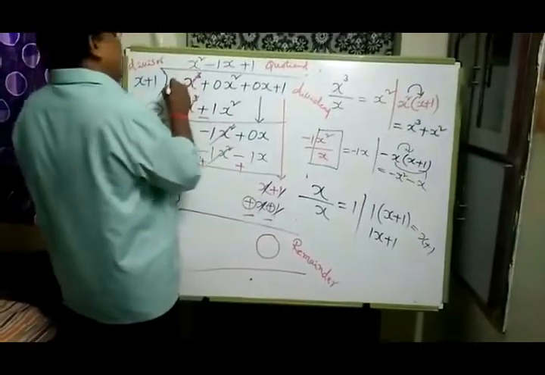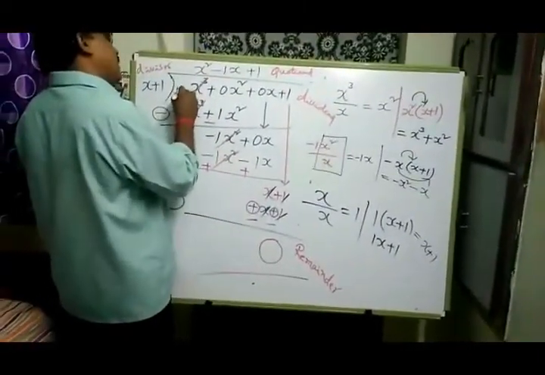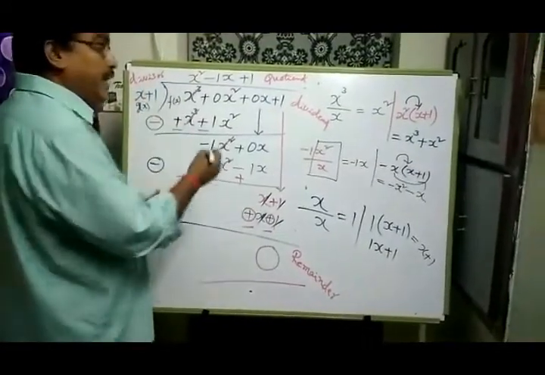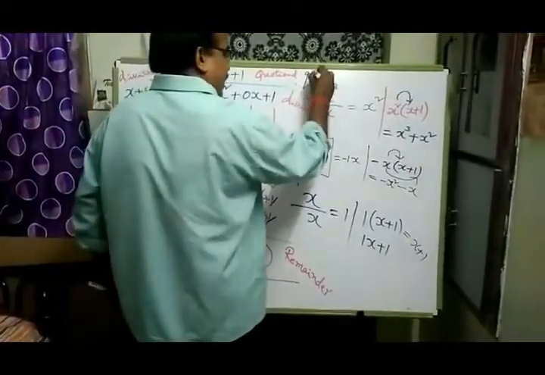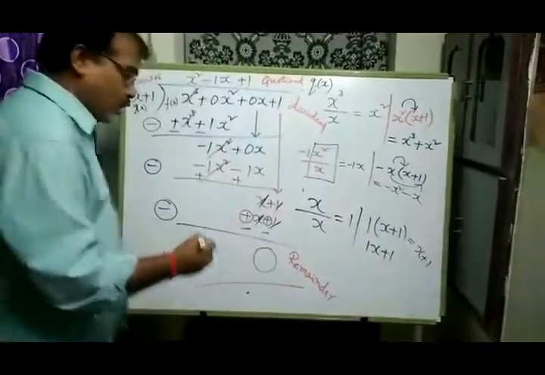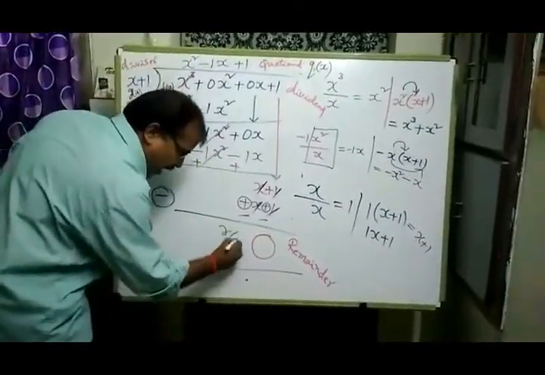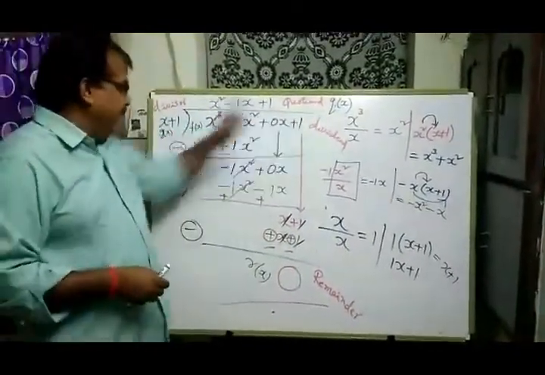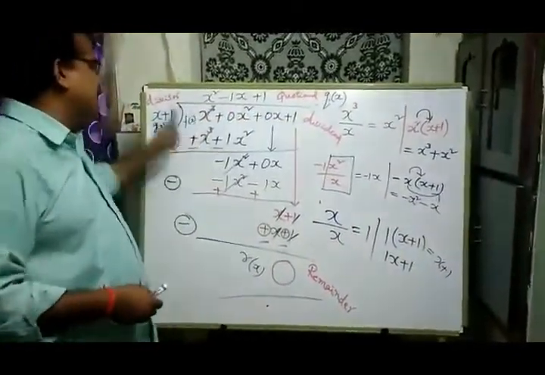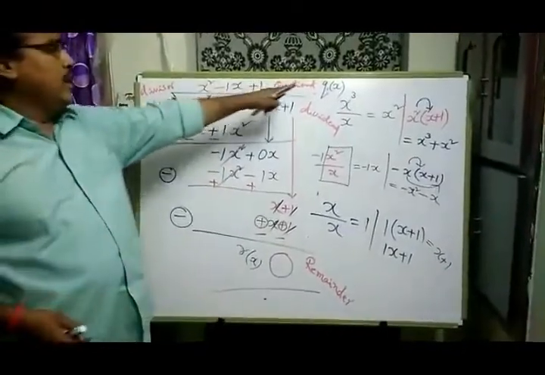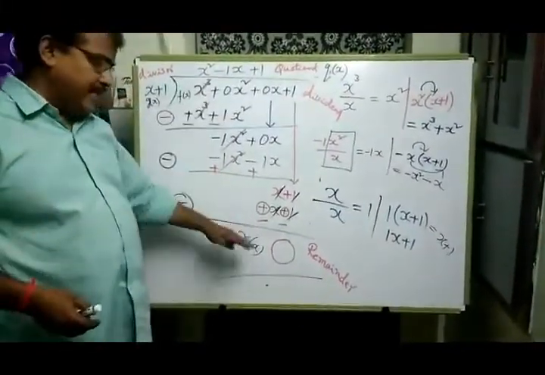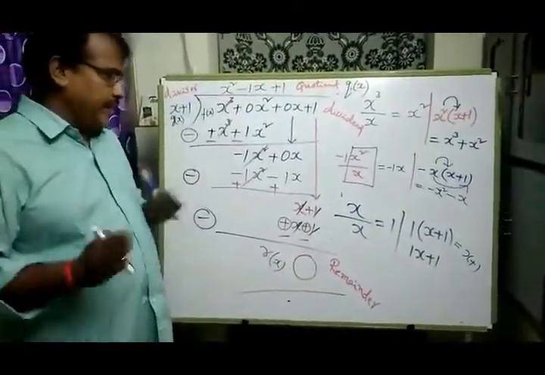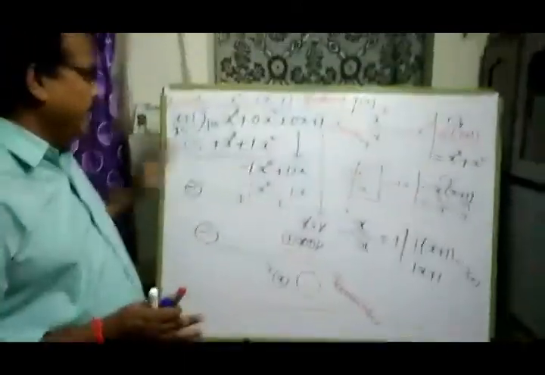The dividend will be f of x or p of x, the divisor g of x or k of x, whatever it may be. But normally the quotient will be q of x and the remainder will be r of x. Very important. Once again, dividend f of x, divisor g of x, quotient q of x, remainder r of x. Understand? So this is the division, very important.